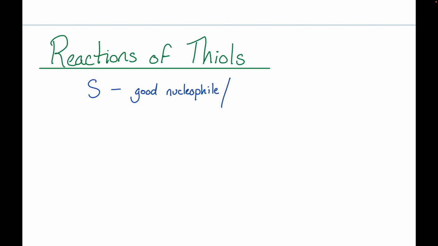But unlike its counterpart in the same group, oxygen, it is an absolute crap base. So it's really good at doing these nucleophile reactions, substitution reactions, but it doesn't ever accept protons. It's a terrible base, right?